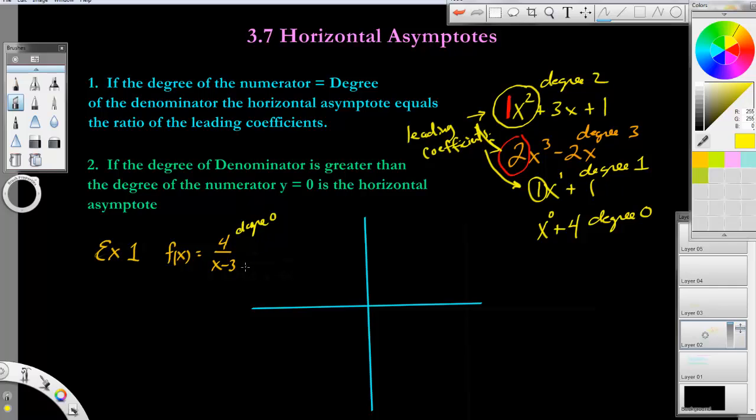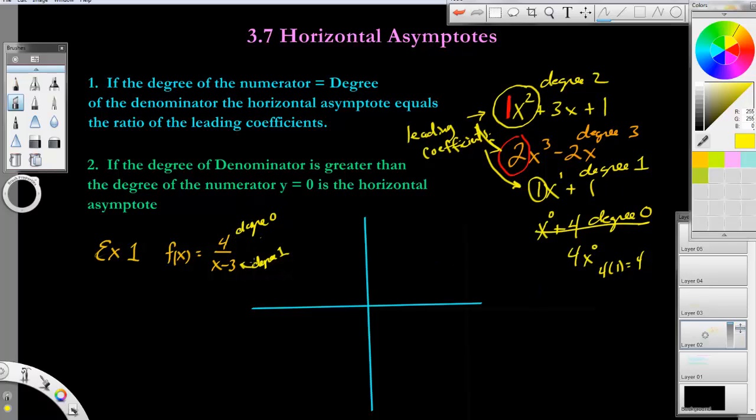What degree is this bottom? I'm writing over top of my graph here. I did make a small boo-boo right here. This 4 is actually 4x to the 0, because that's 4 times 1, which equals 4. Not x to the 0 plus 4. Sorry about that.